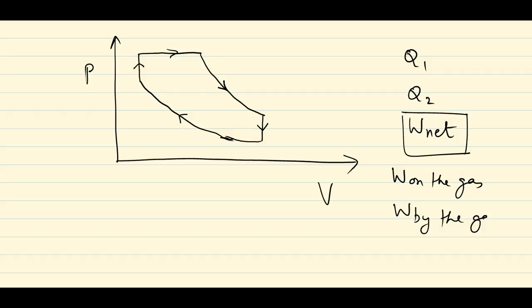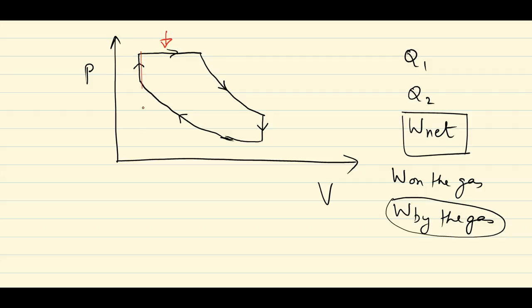So let us just investigate this particular cycle. Clearly, work is done by the gas when it expands, that is when its volume increases. So let's look at the parts of the cycle where the volume of the gas is increasing. It's here. Work is done by the gas on the surroundings.